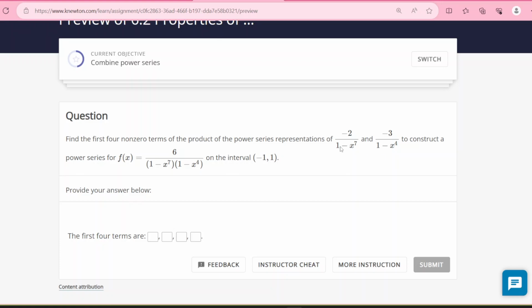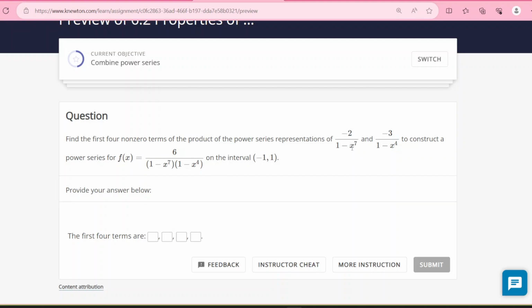Okay. So this is actually multiplying some series. They're saying find the first four non-zero terms of the product of the power series for these two functions. And that would construct the first four non-zero terms of a power series for their product, right? Notice that this f here is just the product of these two.